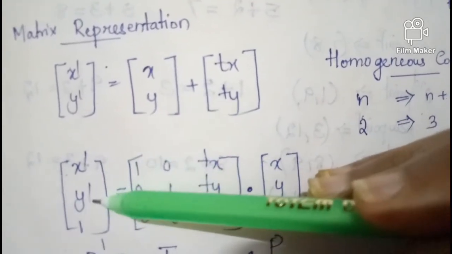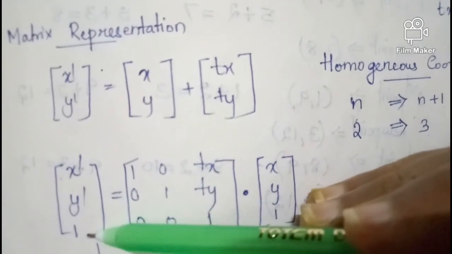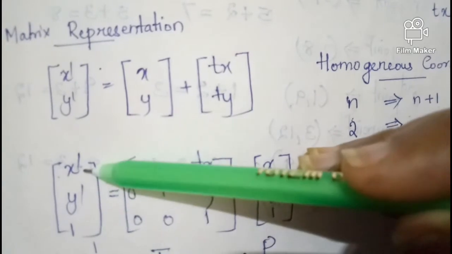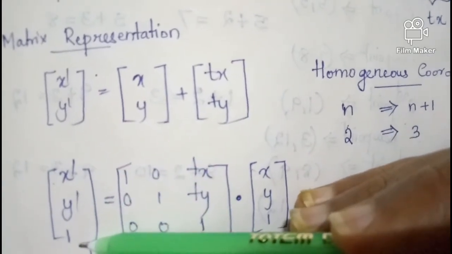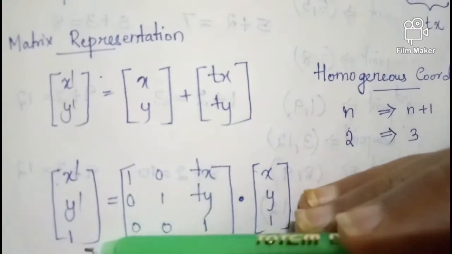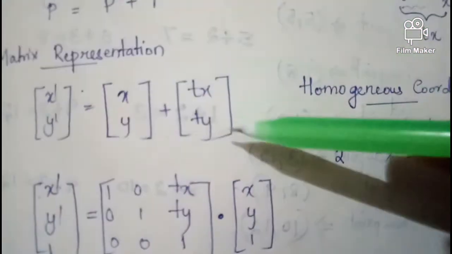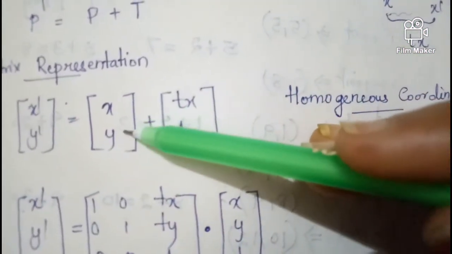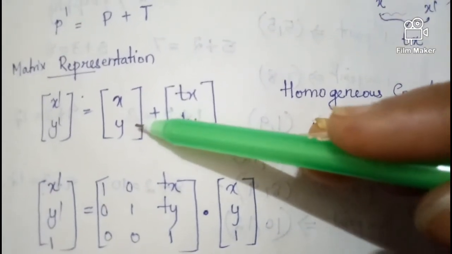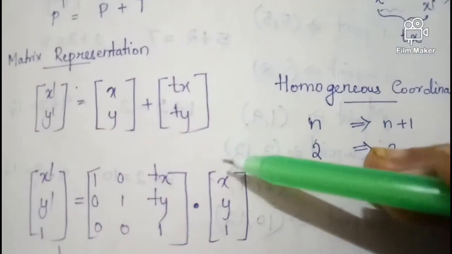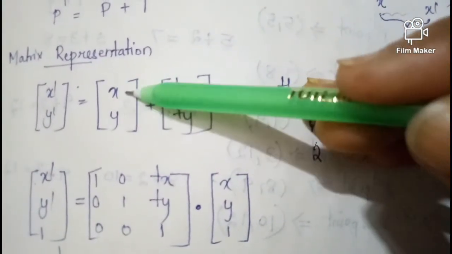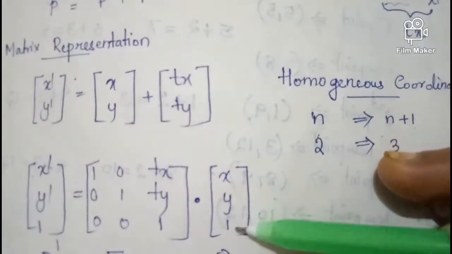Along with these 2 parameters, I added an extra parameter so that the 2 coordinates are now represented using 3 coordinates. So P dash can be rewritten as x dash y dash 1. Now I am going to represent the point P. This can be rewritten as x, y, 1. Again the 2 coordinate system is represented using 3 coordinates.